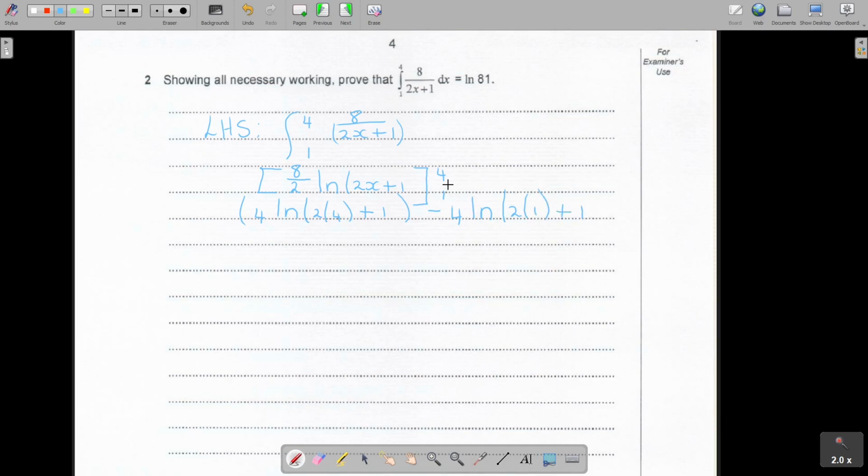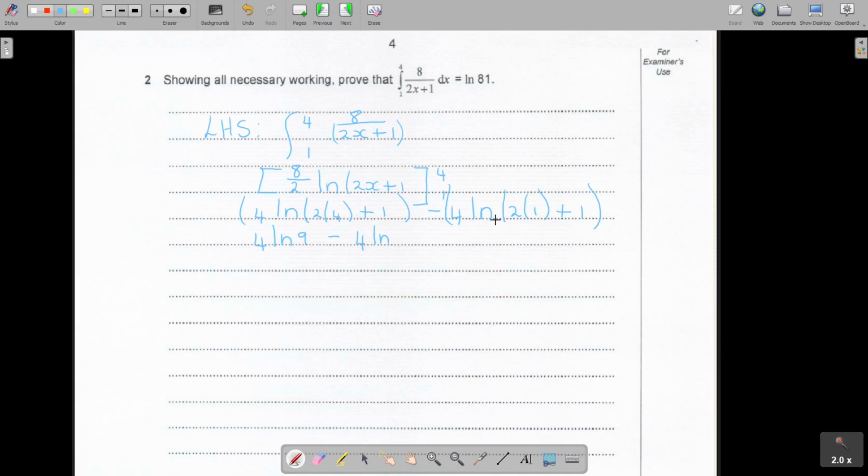Don't forget your bracket there, it will help. So I'm going to have 4 ln, and this is 8 plus 1, so it's 9. Minus 4 ln, and as I said, I sometimes use the absolute value bars, but for now, I don't think it's going to have an influence in this question.